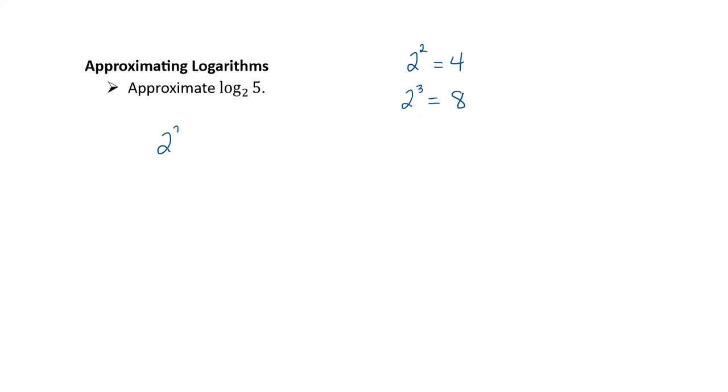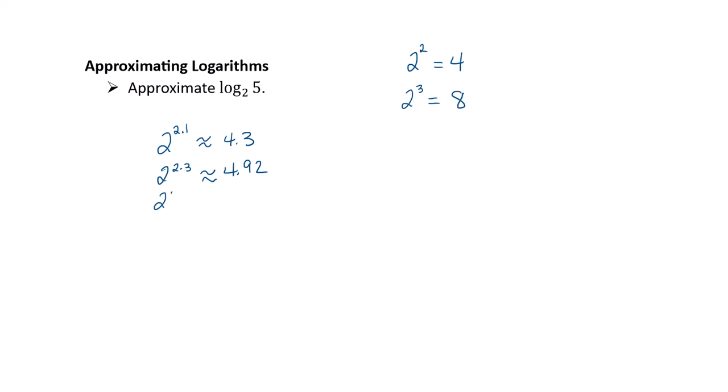How about 2 to the 2.1? 2 to the 2.1 is approximately 4.3. So maybe we need to go just a little bit more. Let's try 2 to the 2.3 and see if that gets us closer. Well, that gets us to 4.92. That's a little closer.